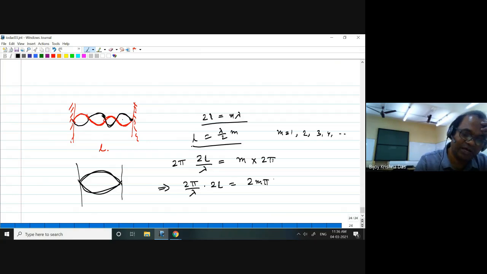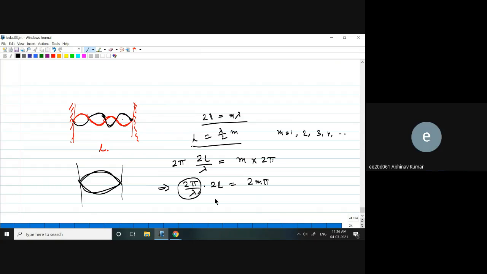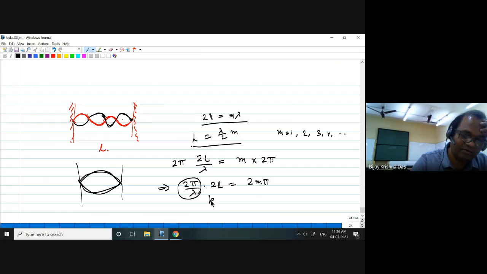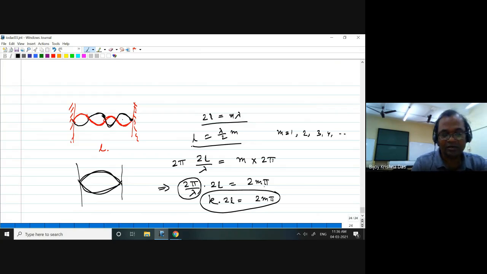Is that correct? 2 pi by lambda, what is that actually? Beta, or k, we write propagation constant. So k times 2L should be 2m pi. So this is the condition for any standing wave, right? That means the wave vector times the round trip path, 2L, should be an integer multiple of 2 pi. Then it is the resonance condition.